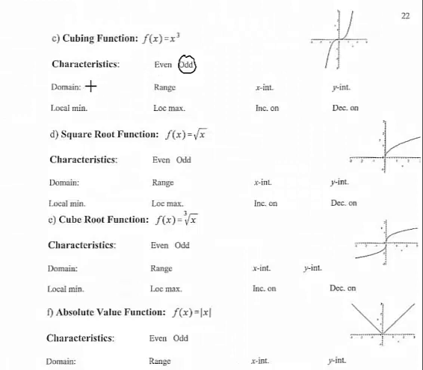What is the domain? Well, as stated before, I can put in as large a number as I want to, and I'm simply cubing it, so my output is going to be larger if I input a number greater than 1. I can put in numbers less than 1, cube it, and I will always get a number back.